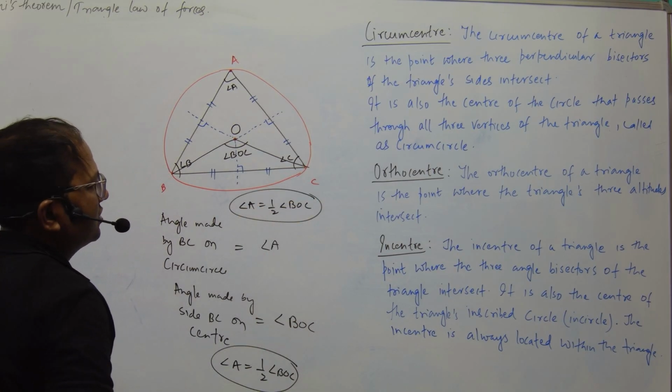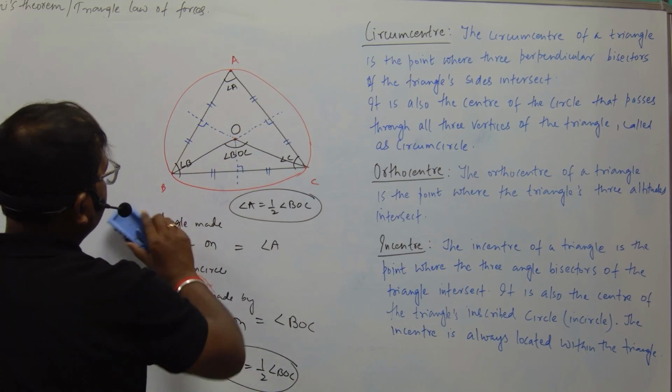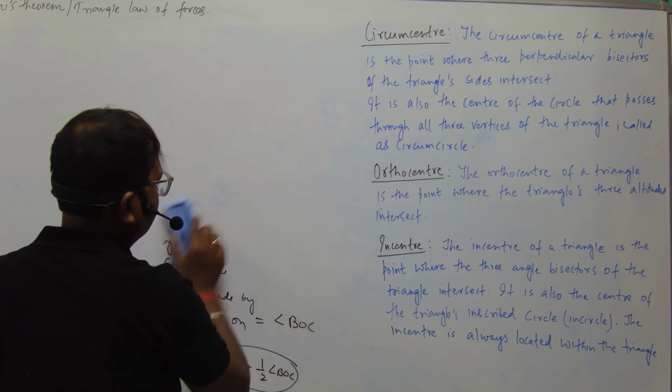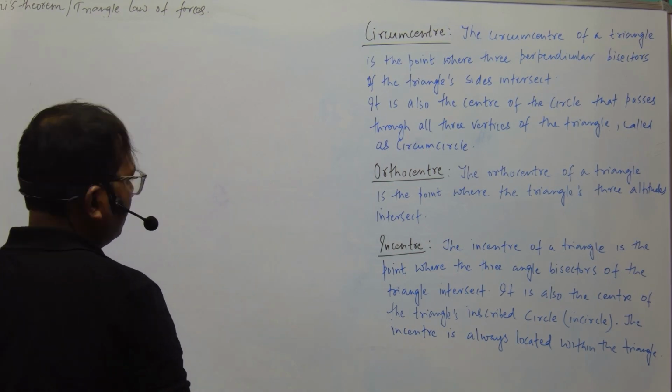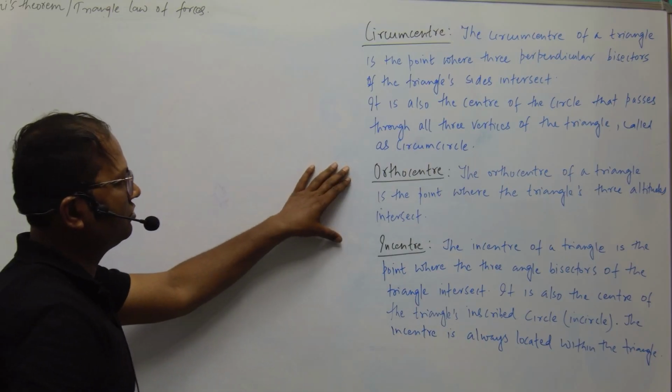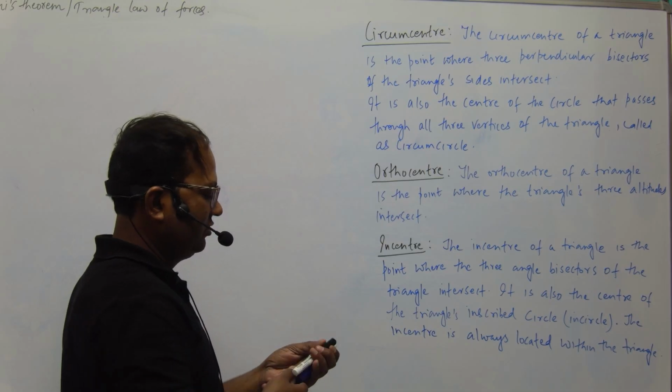Now let us discuss the orthocenter. The orthocenter of a triangle is the point where the triangle's three altitudes intersect. Let us draw the triangle.